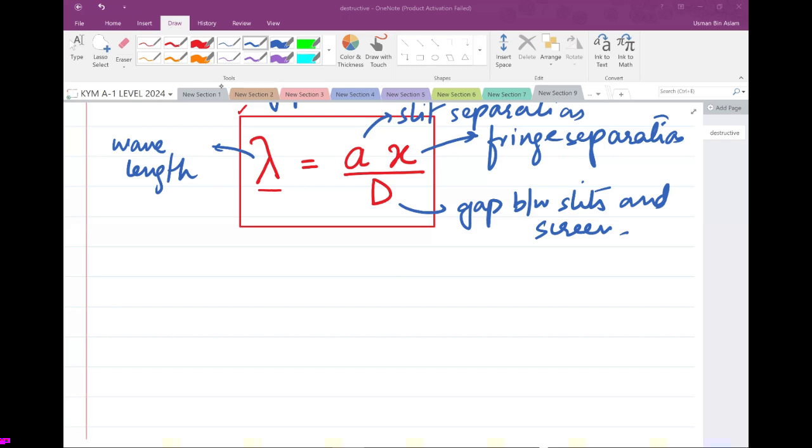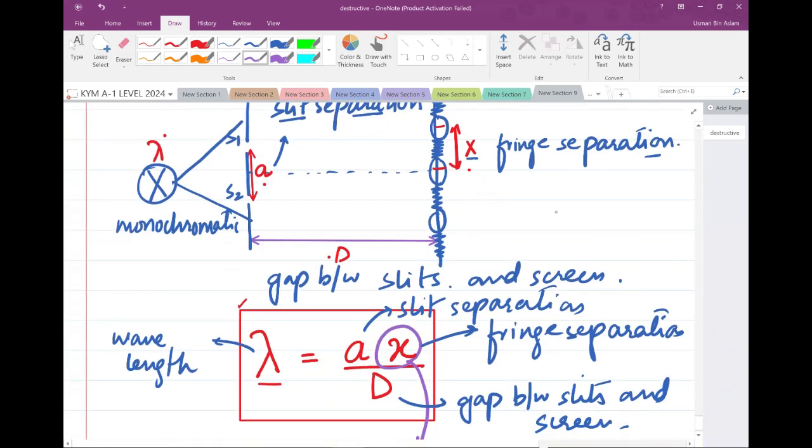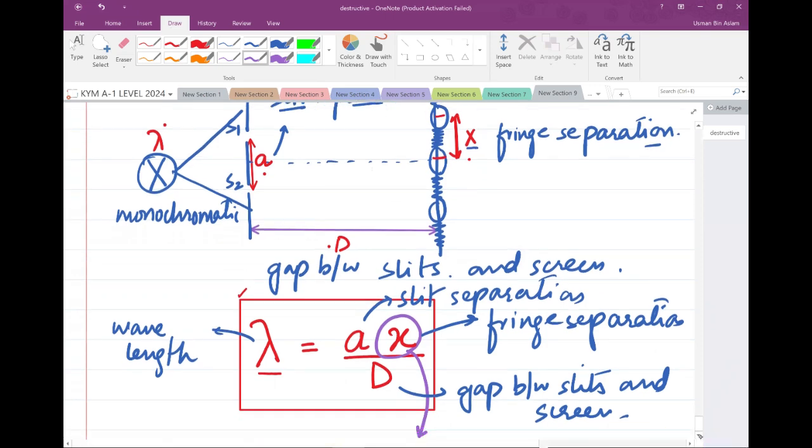All right, I'm going to show you a few important relationships that we can make from this equation. The entire purpose of this formula is to discuss the fringe separation. That means we want to see how we can make bigger or smaller fringe separations.